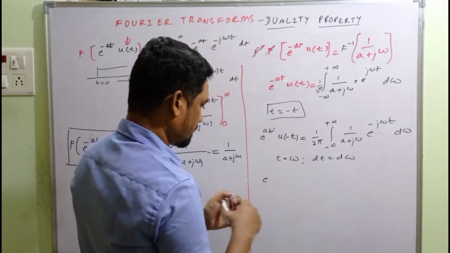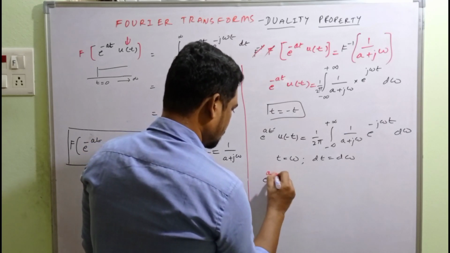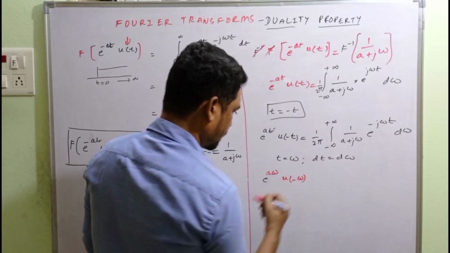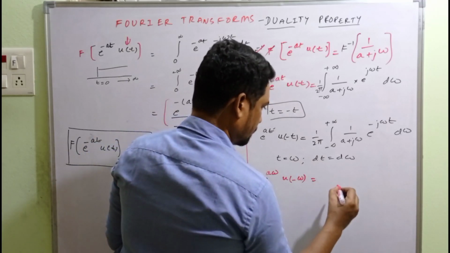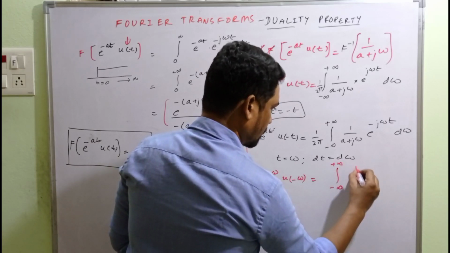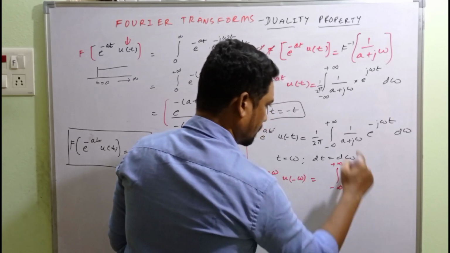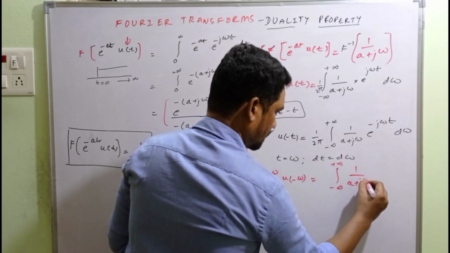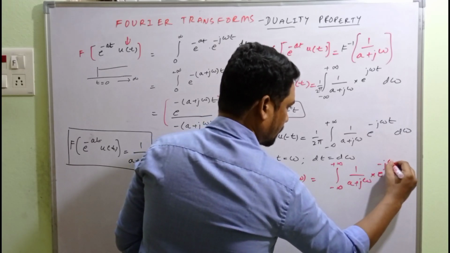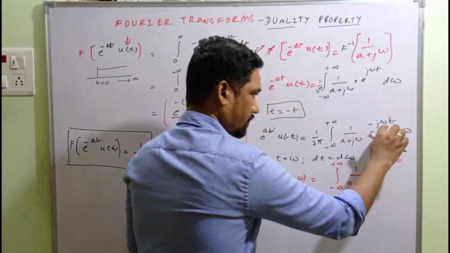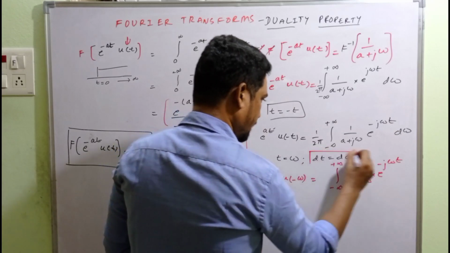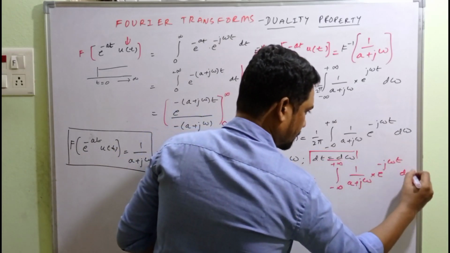In that case, this becomes e raised to a omega u of minus omega, which is equal to the integral from minus infinity to positive infinity of 1 upon a plus j t into e raised to minus j omega t, and d omega will be equal to dt.